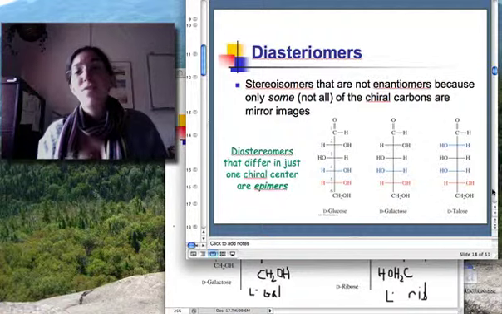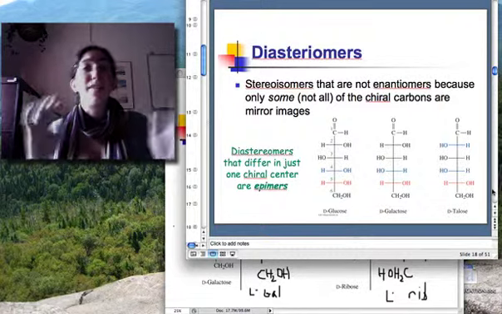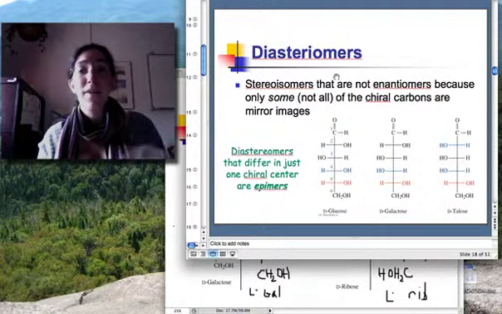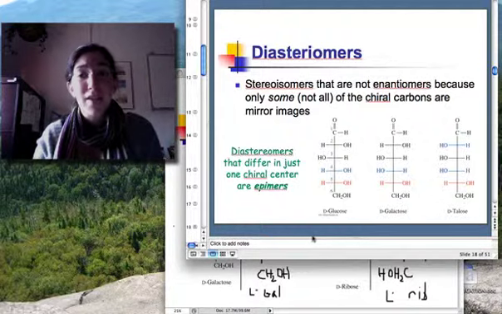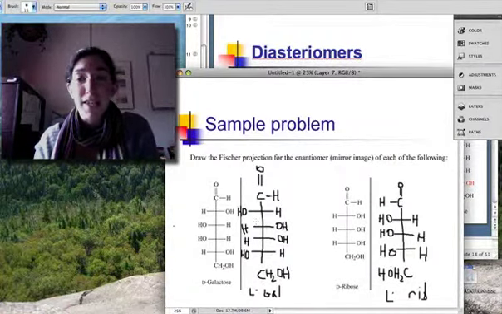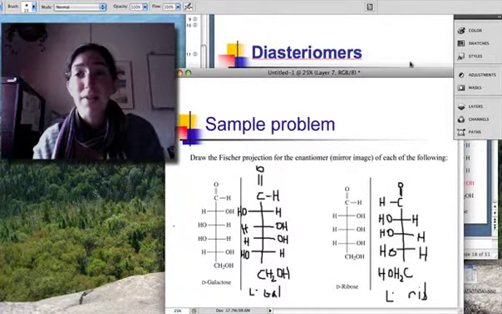Especially when it comes to molecules that have multiple chiral carbons, you can have a full enantiomer. That's what we were doing here. We were drawing the enantiomers, so the full-on mirror image of that molecule.